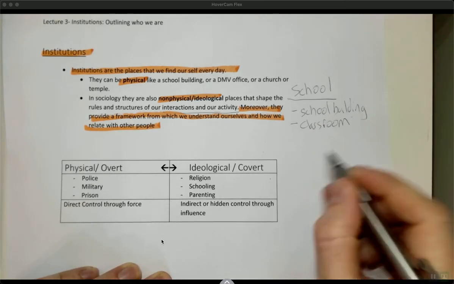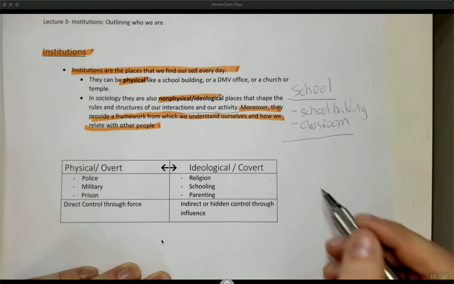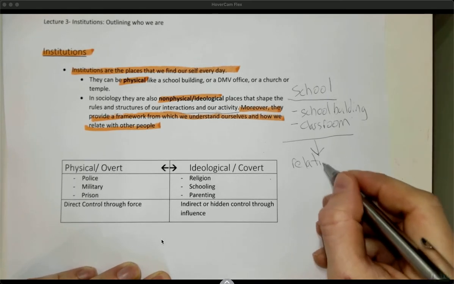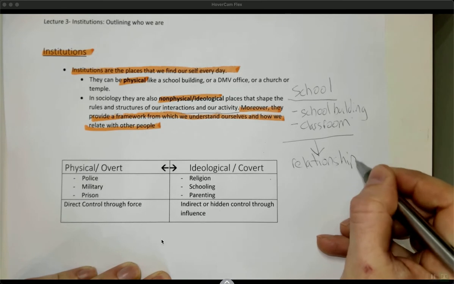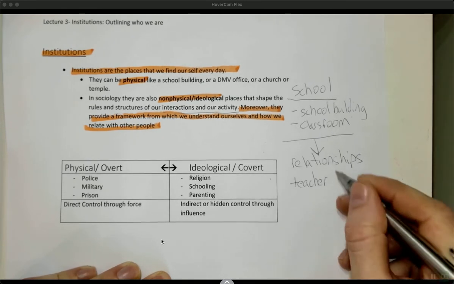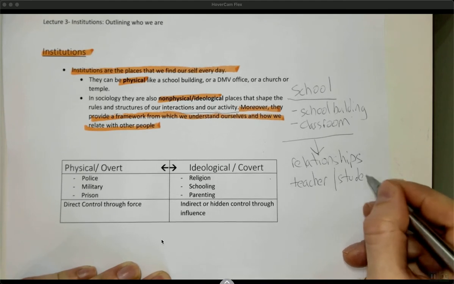You get the idea. But the ideological part, how school also shapes us, is it helps us think about how relationships look. And you think of, we'll go in detail later, maybe the primary relationship in a school is a teacher-student relationship.